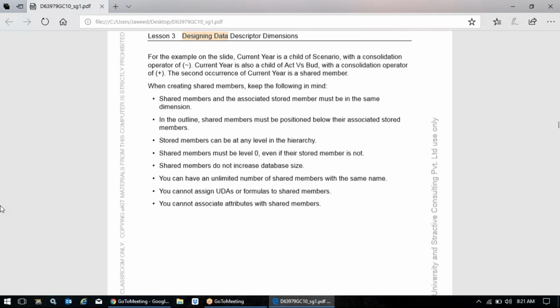How will the product member name look like in your example? Will it say Pepsi or will it say Pepsi 100 ml? Under Pepsi, Pepsi is the parent. Under Pepsi, you will have 100 ml, 200 ml, 300 ml, whatever. And then let's say I have 100 ml bottle and can.